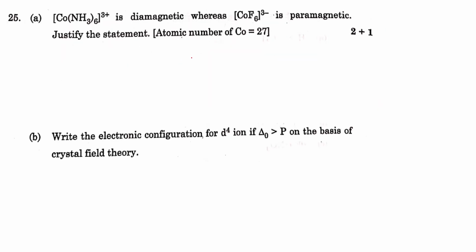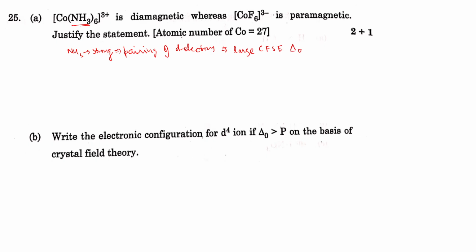Next question. [Co(NH3)6]3+ is diamagnetic whereas [CoF6]3- is paramagnetic. Okay. So NH3 is a strong ligand. It causes pairing of d electrons. And when this pairing occurs, because NH3 is a strong ligand, it has large CFSE value, crystal field stabilization energy.